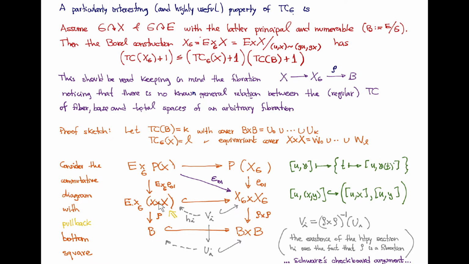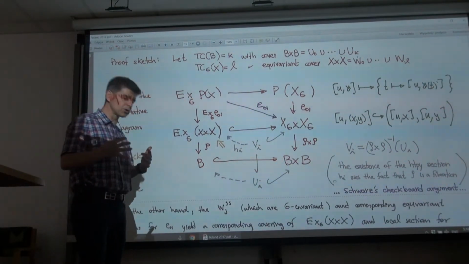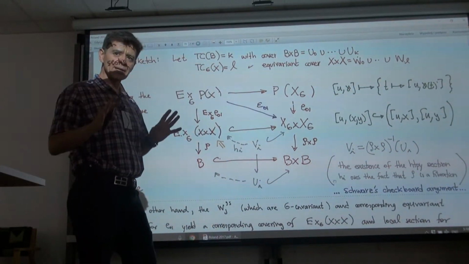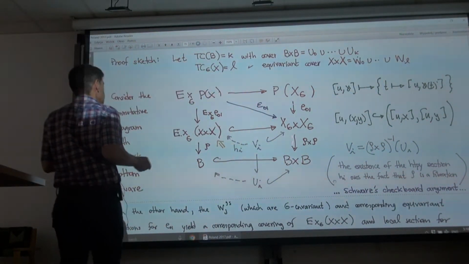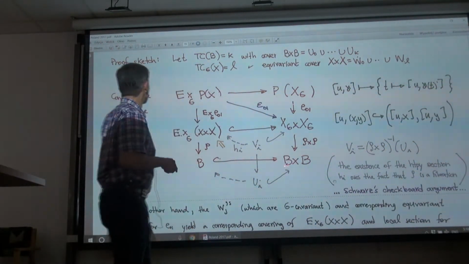So essentially the pullback is that, and then you're all done, because if the topological complexity of the base space is K with open cover like that, take that open cover, you have homotopy sections of this form. Now, rho is a fibration. The Cartesian product is a fibration, so this strict pullback is a homotopy pullback. And here you have a homotopy section, so you can pull it back to a homotopy section.